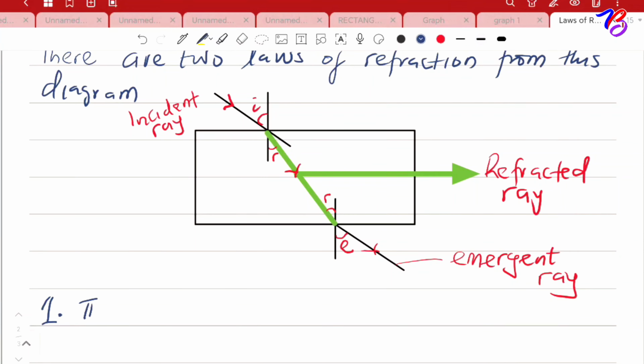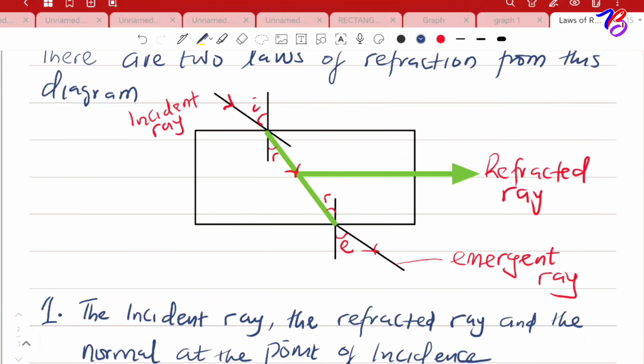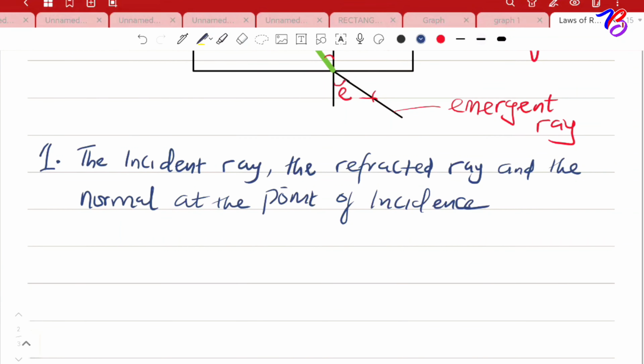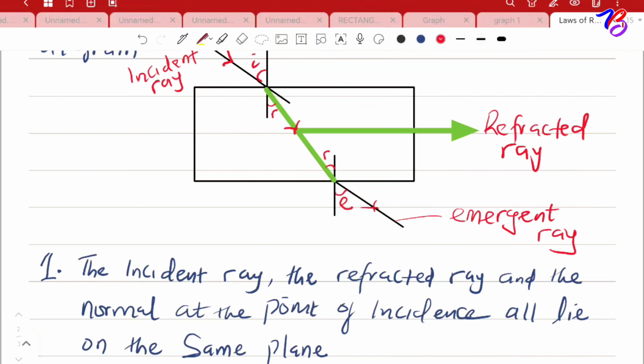Number one, the law states that the incident ray, the refracted ray, and the normal at the point of incidence all lie on the same plane. Take note of this.